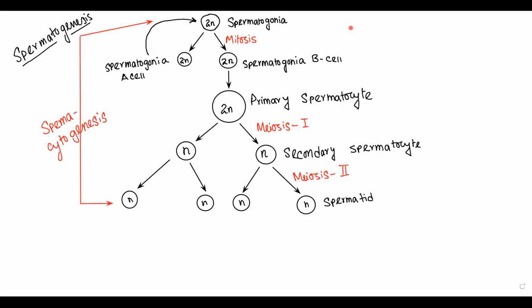So this spermatid needs to undergo a physical modification process, so that they have their cap and they have their tail.